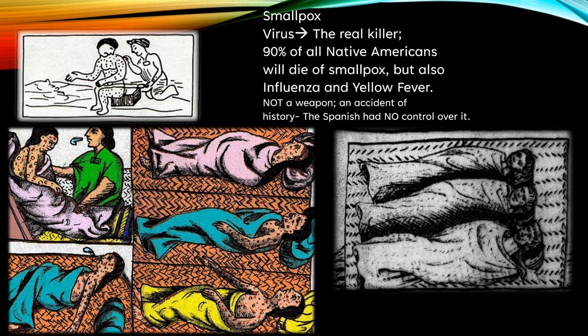In this really naive, primitive image in the upper left, again, they're trying to figure out what to do with this smallpox. Here are people, on the right side of the image, lying down on these mats, and they're dying. But please understand, the Spanish, the Europeans, didn't have any sort of medicine at all. None. Not even the simplest medicine, aspirin, nothing.